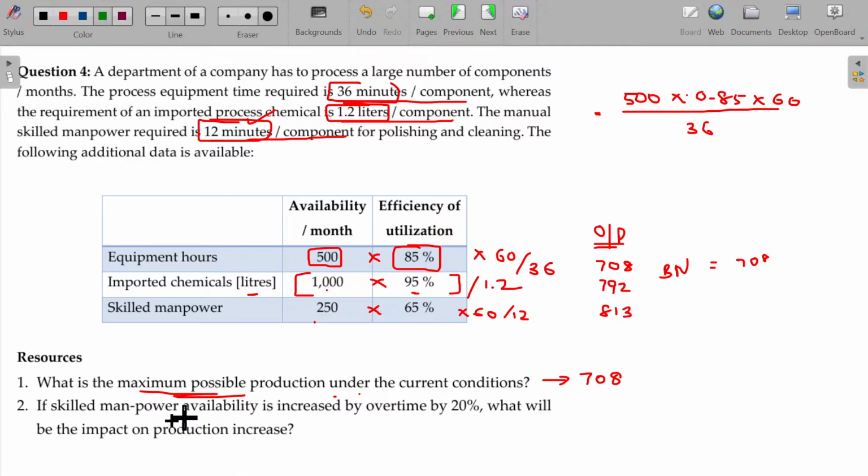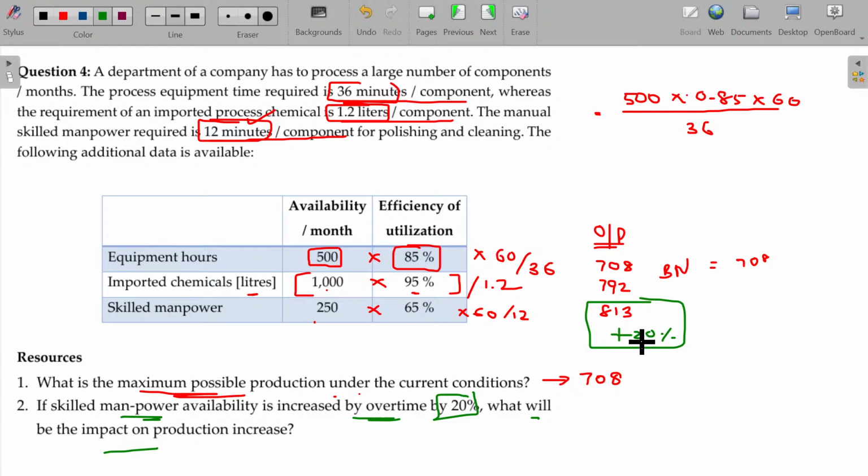The next question: if skilled manpower availability is increased by overtime, 20%, what will be the impact? If you are raising it by another 20% by making the employees work overtime, what will be the situation? Situation will be the same, because that is not the bottleneck. To improve the efficiency, what you have to do? You have to break the bottleneck.